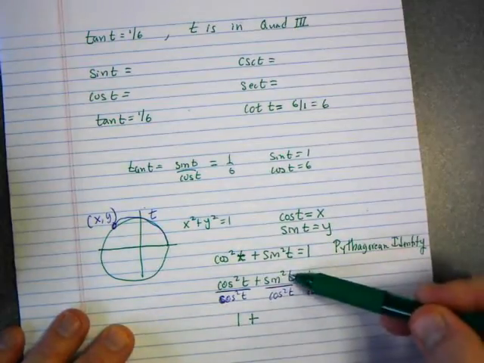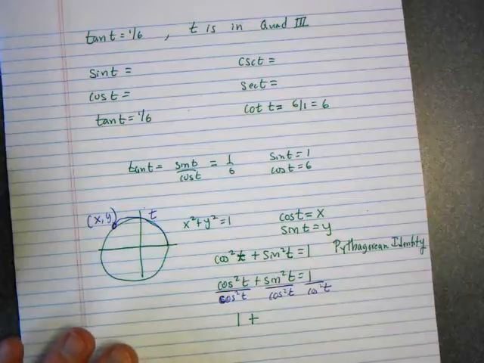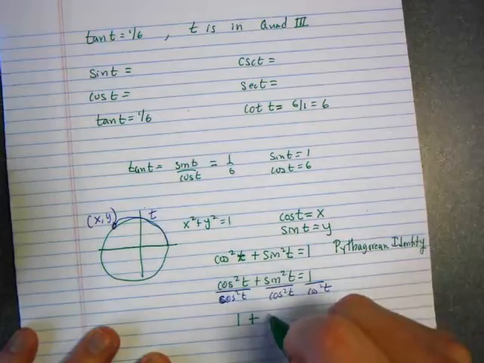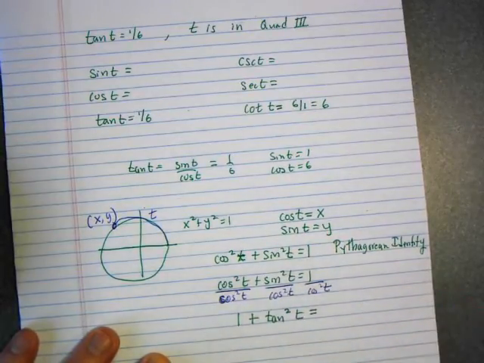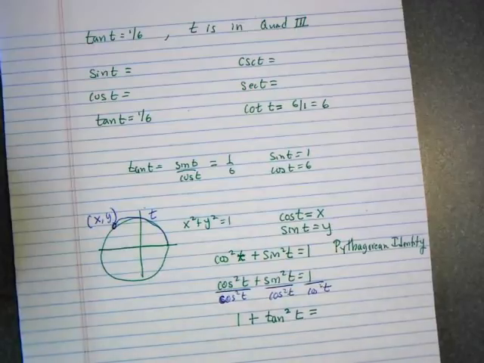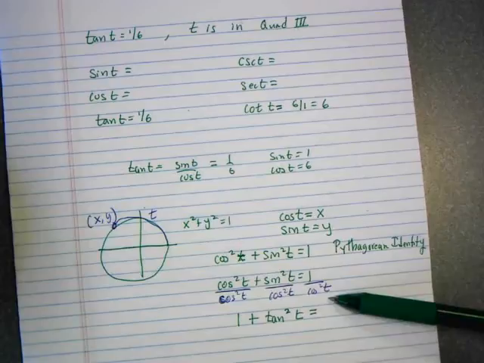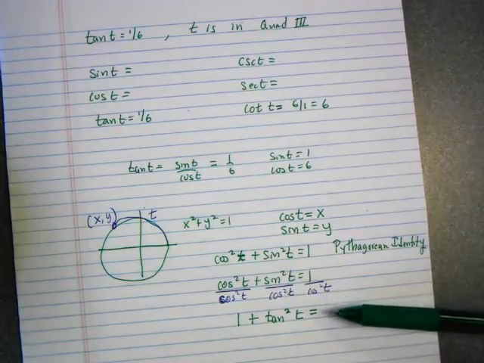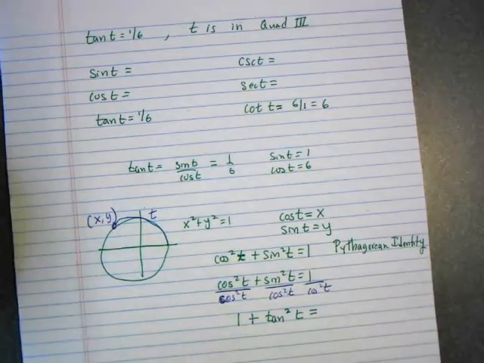What's sine squared t divided by cosine squared t? Tangent squared, because sine divided by cosine was our definition of tangent. So this is tangent squared t. And how about this one? Back on Friday, 1 divided by regular old cosine was secant. So 1 divided by cosine squared is going to be secant squared t.